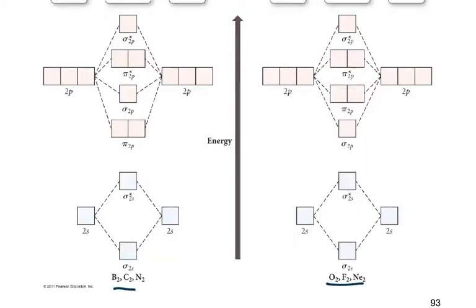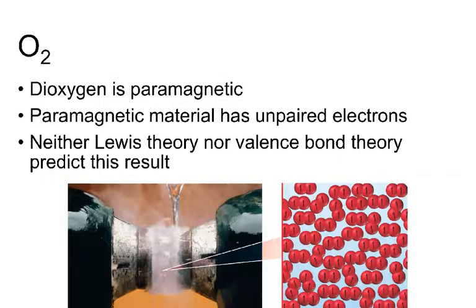For boron, carbon, and nitrogen, the pi 2p is lower than the sigma 2p. But for oxygen, fluorine, and neon, the sigma 2p ends up lower than the pi 2p. So that's just dependent on the atom itself. There's no way to know that without doing a lot of mathematical simulations. Let's talk about oxygen.